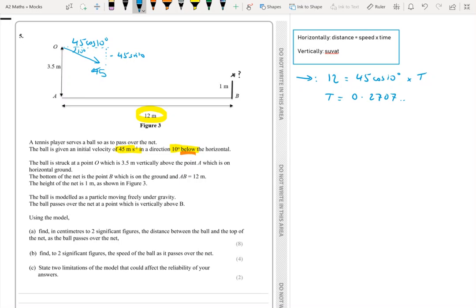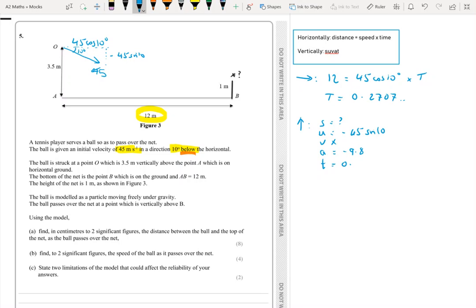We're trying to get S, so we'll probably use, when we think vertically, SUVAT. S is what I want to know. U, as we said before, is negative 45 sine 10. V, don't really care about. A is negative 9.8.